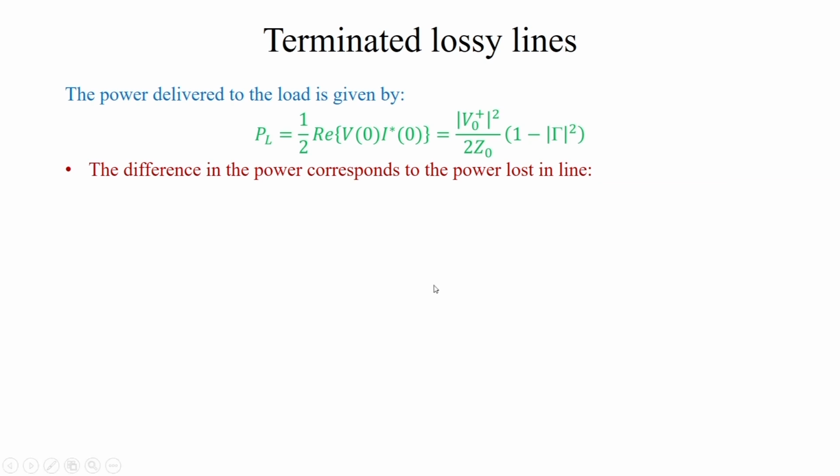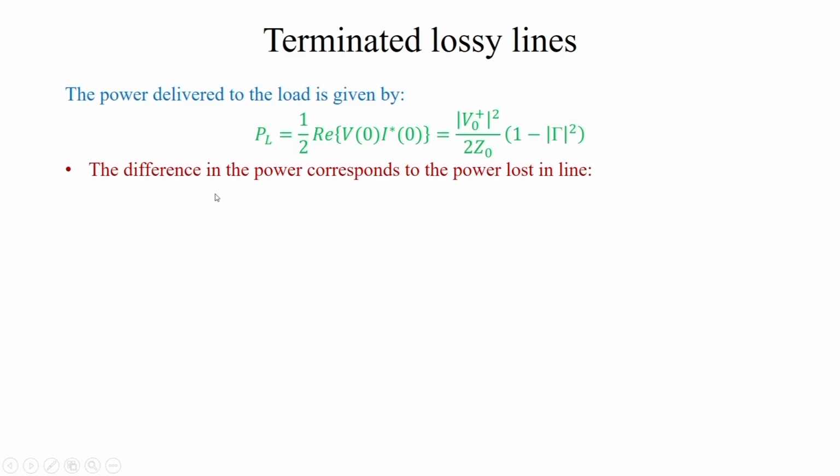Please note that in the lossless case we have power only delivered at the load, but in case of a lossy transmission line, as the wave propagates, because of this attenuation factor alpha, some power will be dissipated throughout the line.